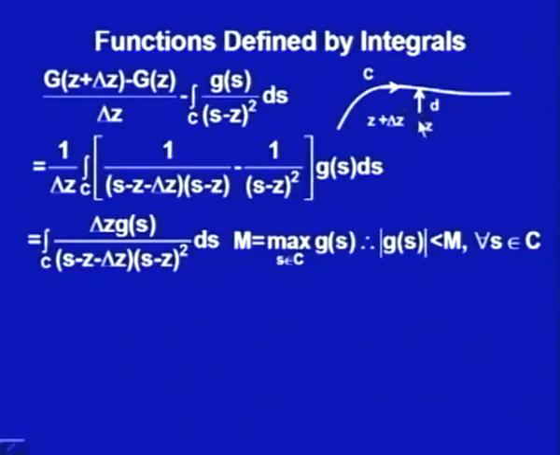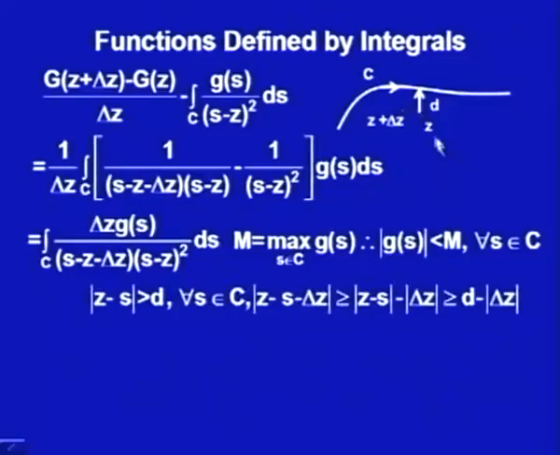What it says is for every s on this C, the distance from s to z should be greater than or equal to d, since I have taken the shortest distance from z to this path C.